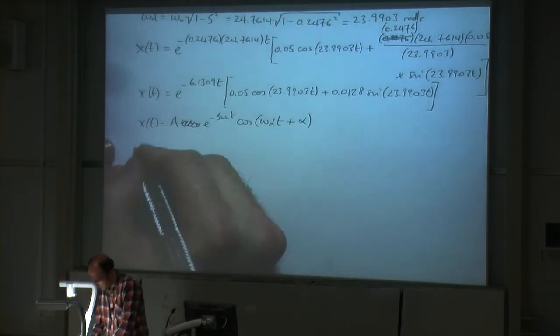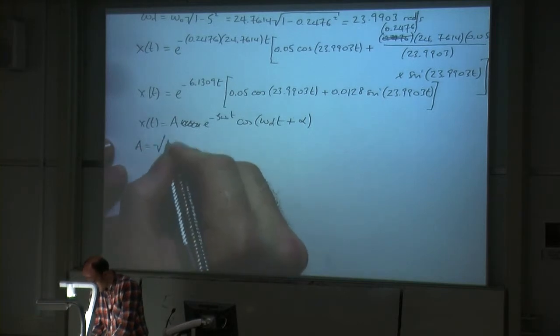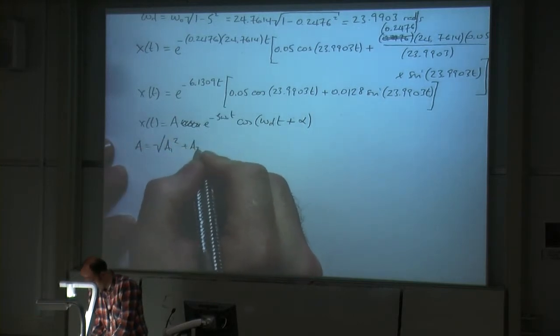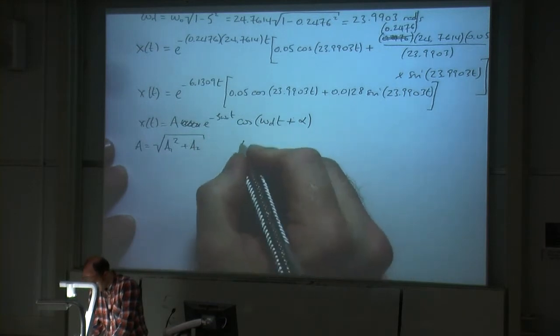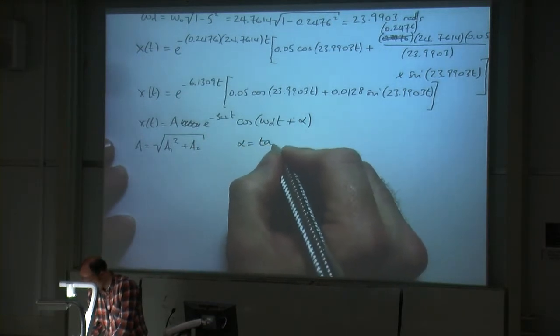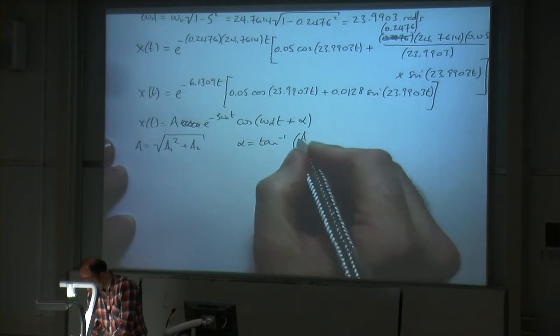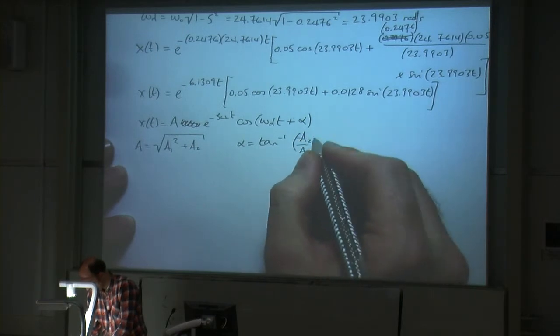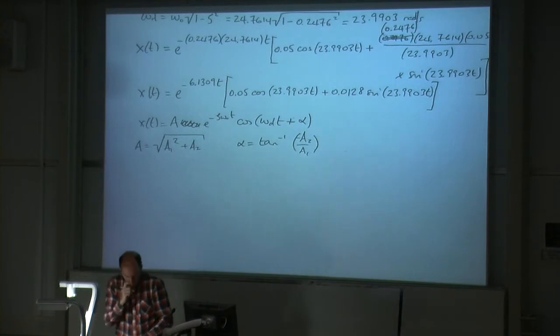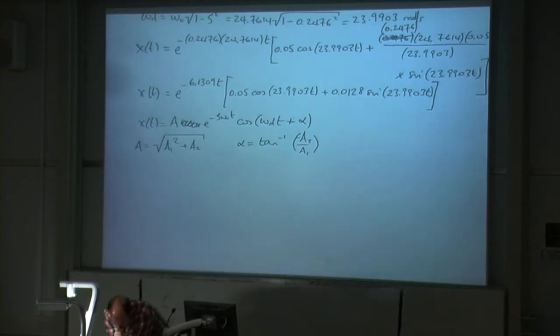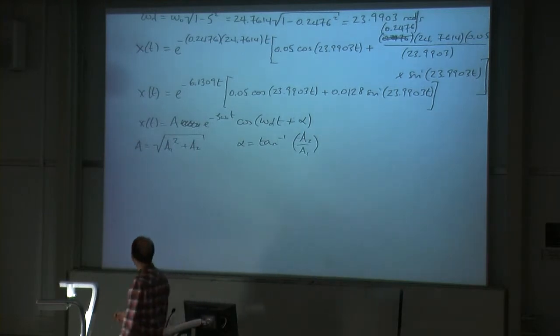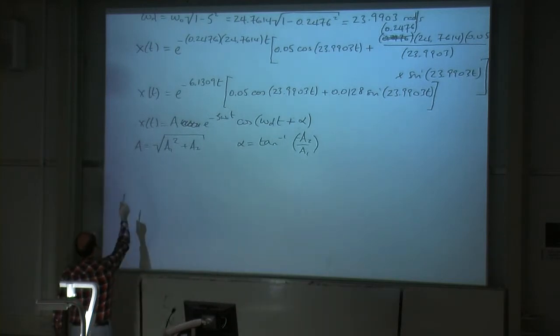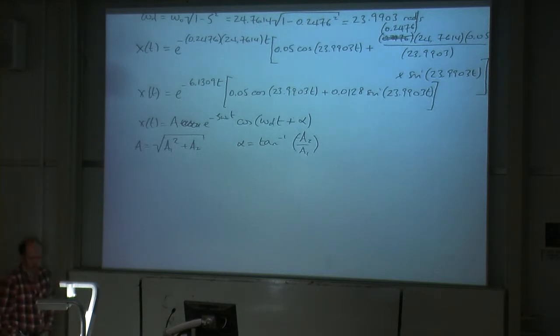And what I said is that A is the square root of A1 squared plus A2 squared, and alpha was the inverse tangent of minus A2 over A1. You'll find those equations, they're not on the formula sheet, but they are on page 30 in your notes. Okay? Where the amplitude in this second equation is basically the hypotenuse of those two amplitudes.